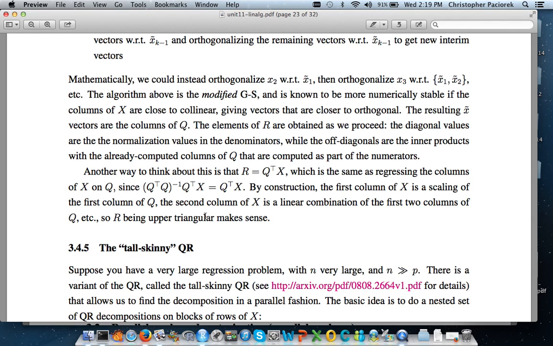So the R's are basically coefficients: I can think of each column of X as being regressed on Q, and that's going to give me the coefficients in the appropriate column of R. This is a multivariate regression because this X is a matrix instead of a vector Y. So this is just like X transpose X inverse, X transpose Y, except Q is serving the role of X here, and the X matrix is serving the role of the outcomes. So you can think of those coefficients as being obtained also via regression if you had the elements of Q in hand.